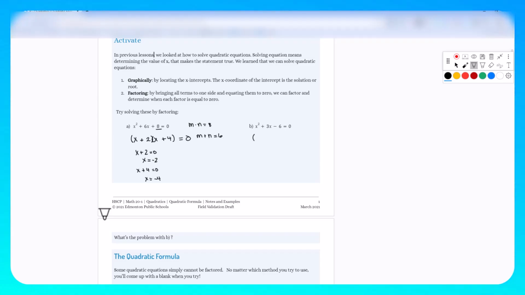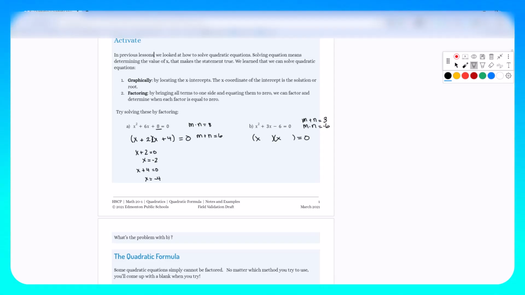Let's do this one over here. Same idea. We're going to look for two factors when this equals 0, and now we're going to look for two numbers that multiply to make negative 6, but add to make a positive 3.